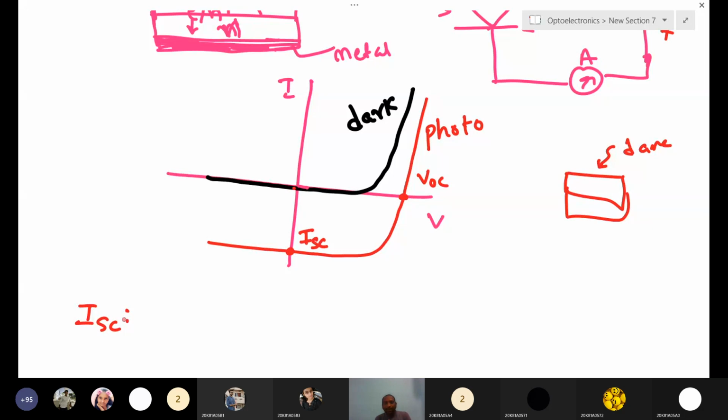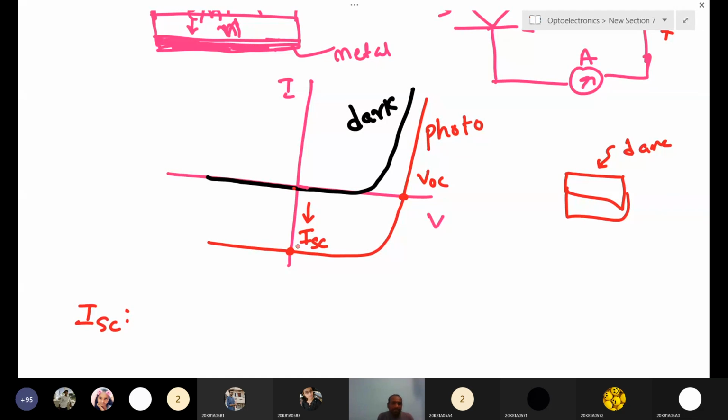This current we call photo current. That's why, compared to the dark curve, the photo curve is shifted downside. Along the negative axis, if you neglect the sign, the current is increased when light is illuminated on the device. That is the short circuit current.